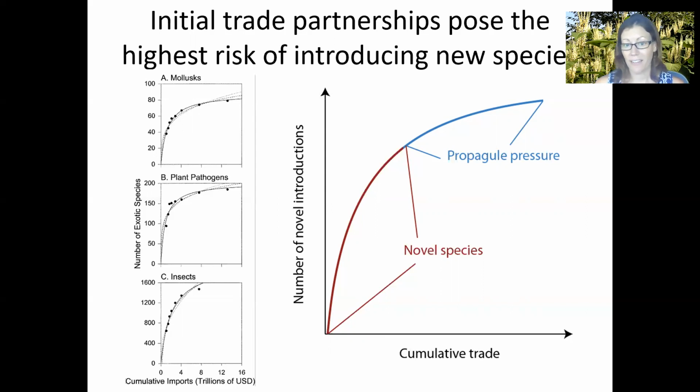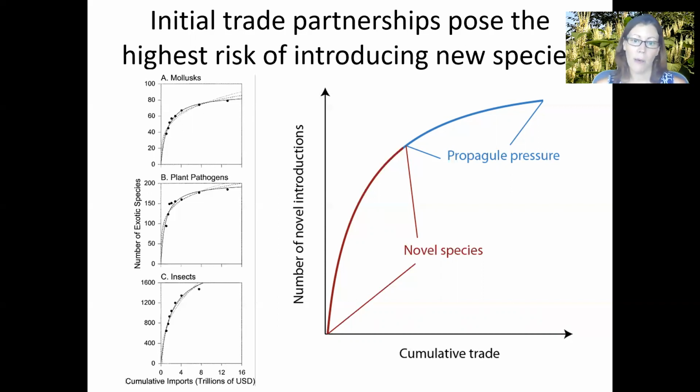So in terms of trade, if we want the most bang for our buck in terms of where we want to look for high risk, we actually want the red ones, right? We might not care as much about trade partnerships that have been going on for hundreds of years, because we've seen that suite of species. We kind of know what it looks like.